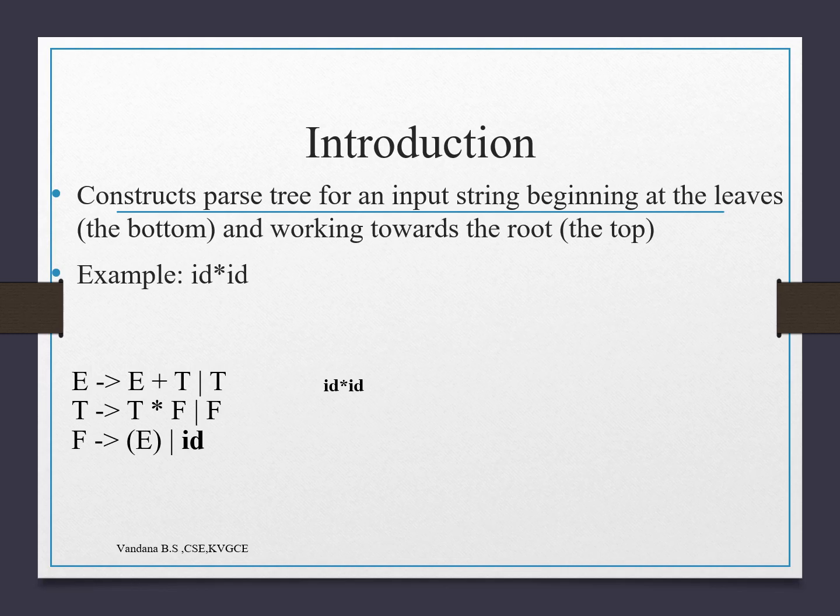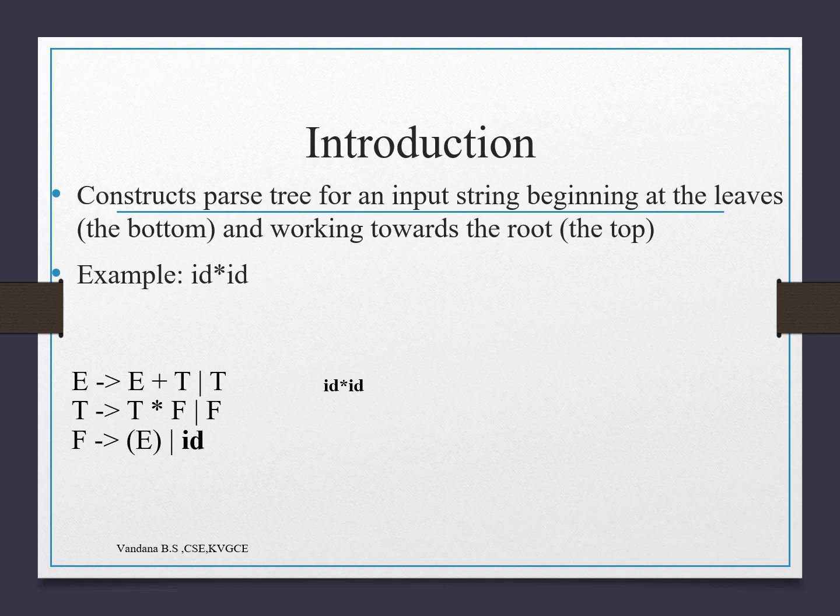We can think of bottom-up parsing as the process of reducing a string w to the start symbol of the grammar. At each reduction step, a specific substring matching the body of a production is replaced by the non-terminal at the head of that production. Not the body, but the head of the production.